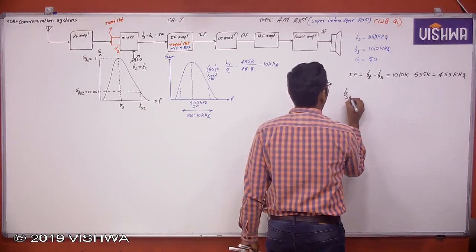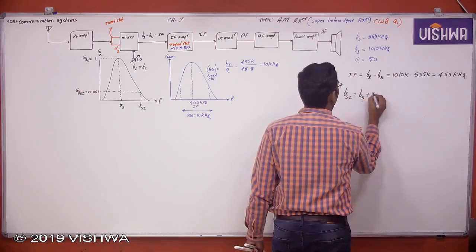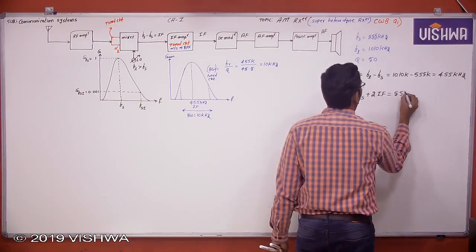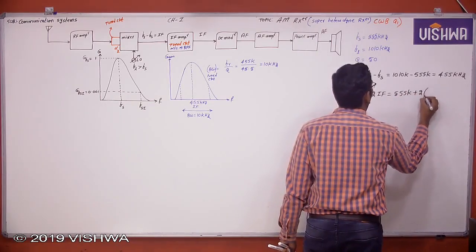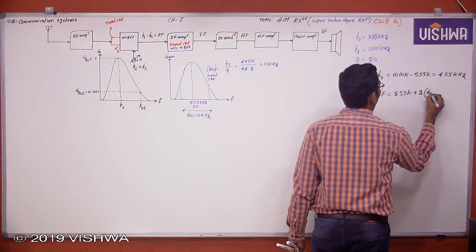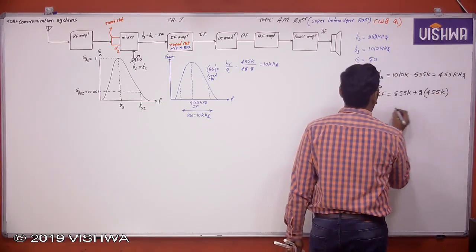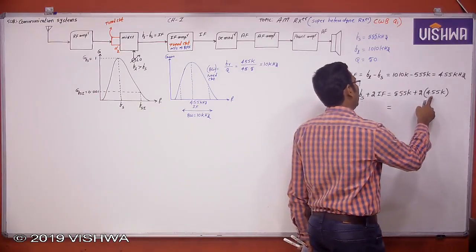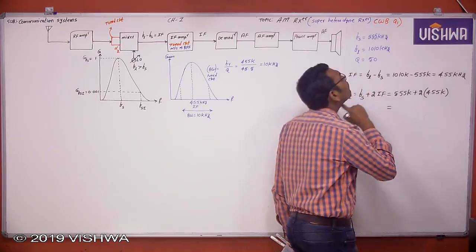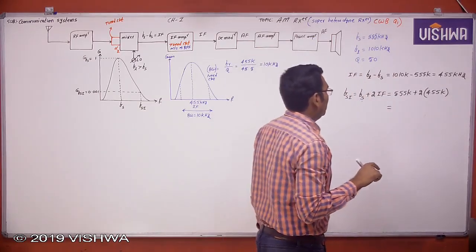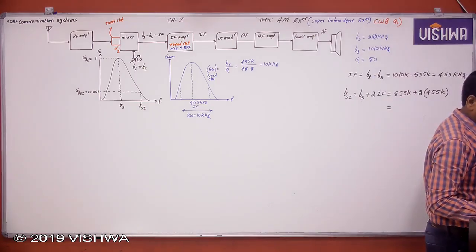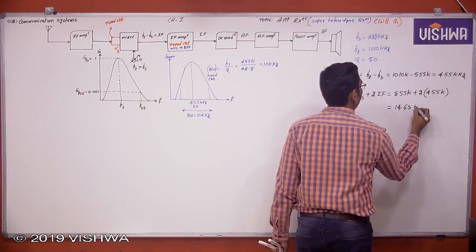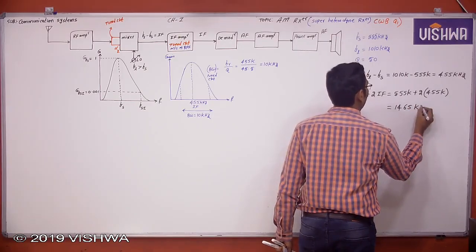Image frequency FSI is equal to FS plus 2 into IF, which is 555 kilo plus 2 into 455 kilo, which is 555 kilo plus 910 kilo, which is 1465 kilohertz.